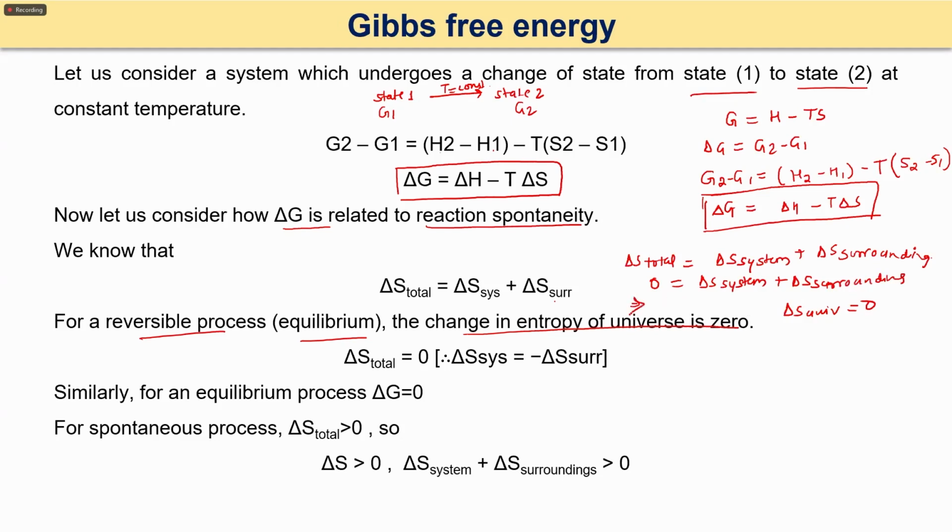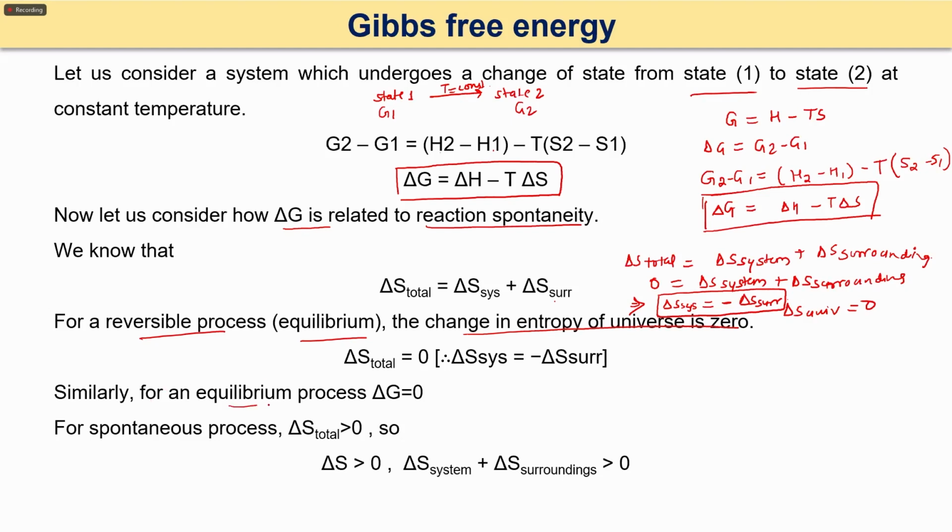So your delta S system is equal to minus your delta S surrounding. That means whatever the change in the system, it will get transferred to the surrounding.